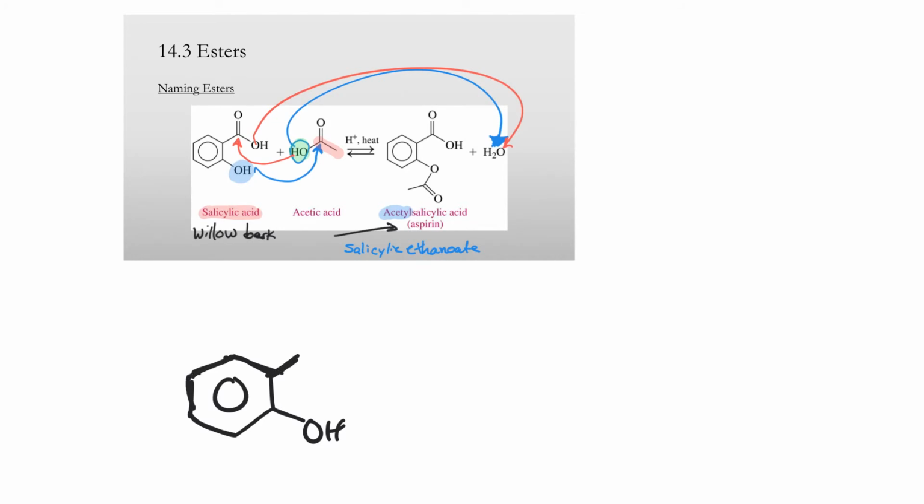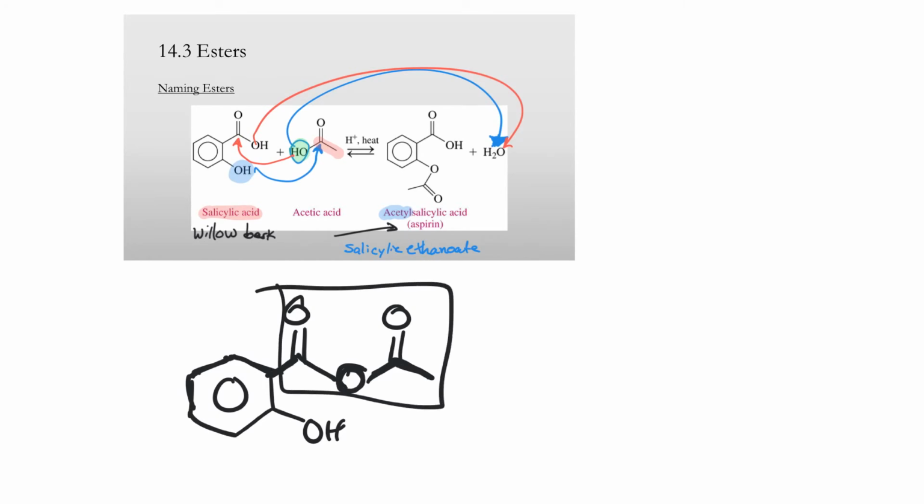All right, right there is what it would look like, and that should be acetyl salicylic acid according to the proper naming of esters, but this actually is a different type of thing that would be an anhydride, but we won't get into that.